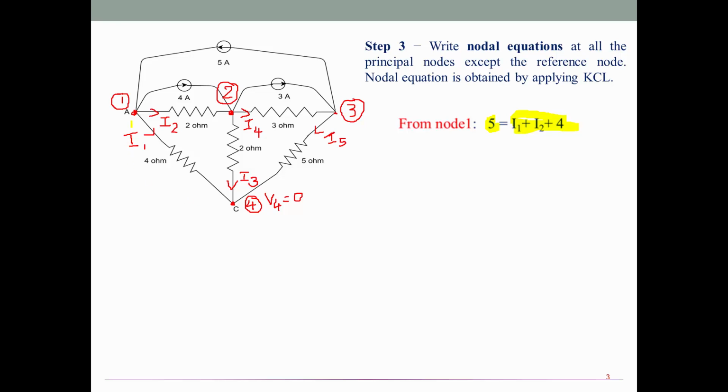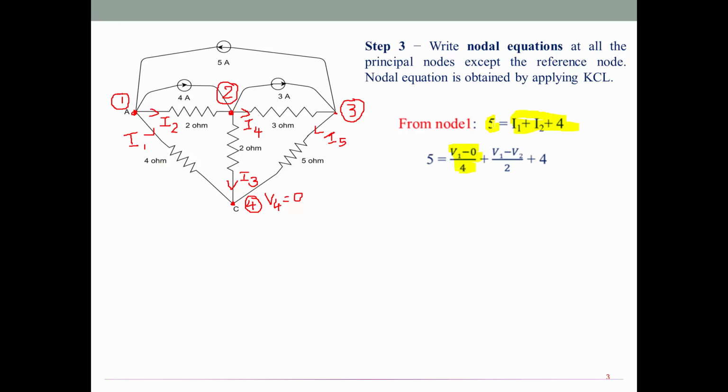Now, how to write currents I1, I2 in terms of voltage and resistor? Let us see. I1, where do I have I1? Between node number 1 and 4. So from 1 to 4, we can say V1 minus V4 divided by the corresponding resistance on this path, 4 ohms.